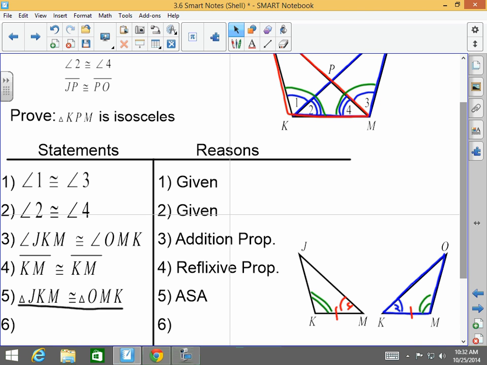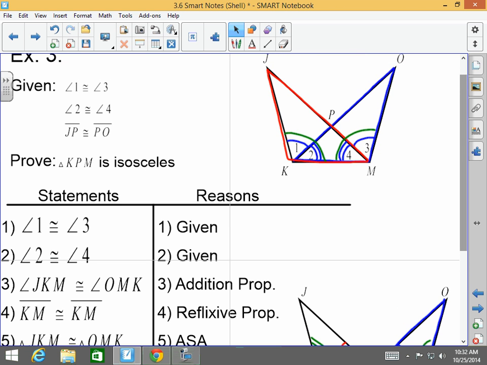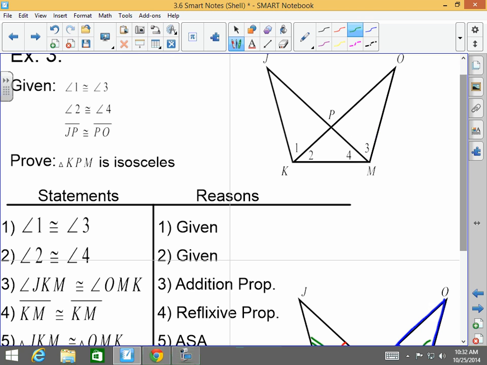So hopefully that makes a lot of sense to you guys. Now, if we go back to my original figure here, remember what you're trying to prove here at the end. You're trying to prove that triangle KPM is isosceles. So we know already that angle 2 is congruent to angle 4.